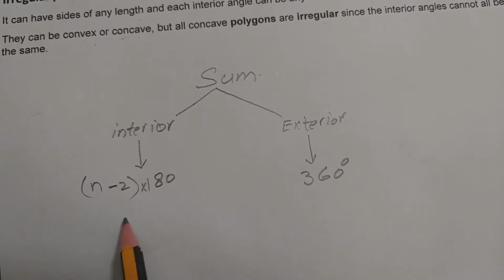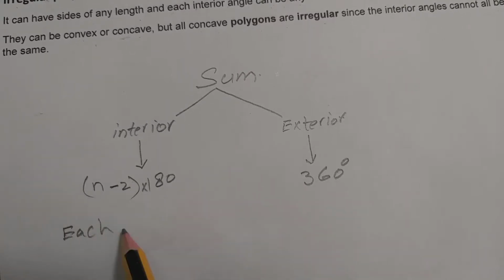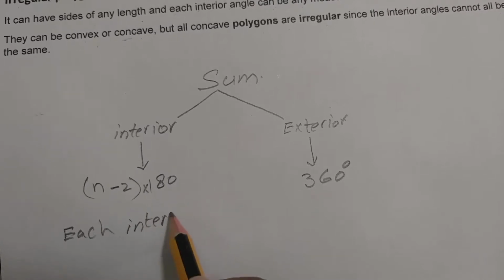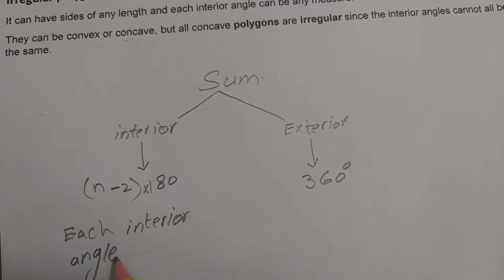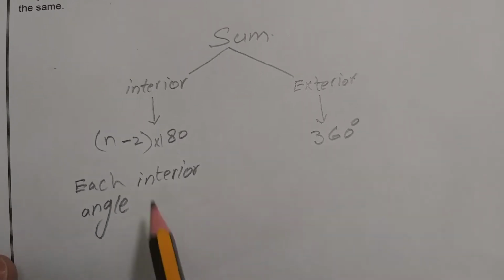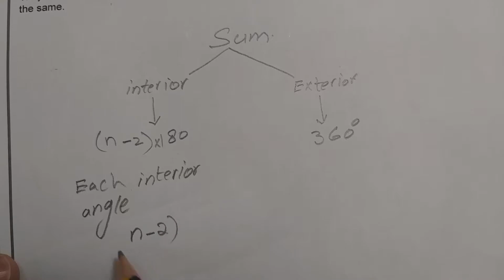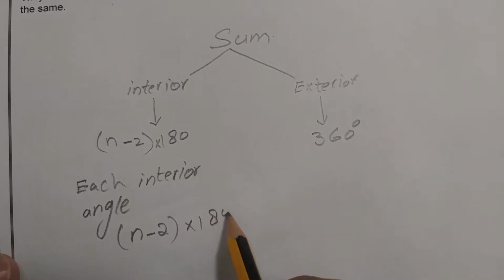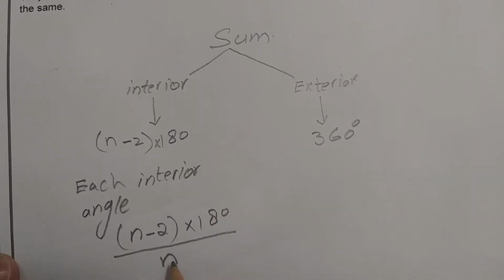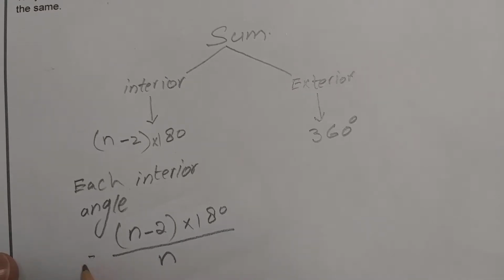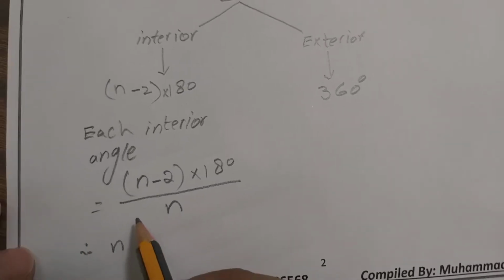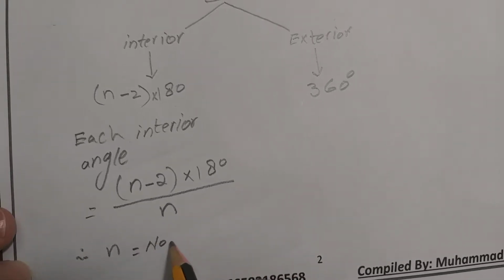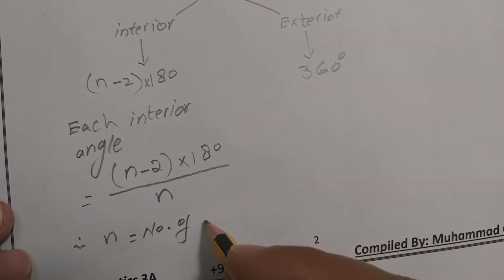For each interior angle, we divide the sum by the number of sides, where n means the number of sides.